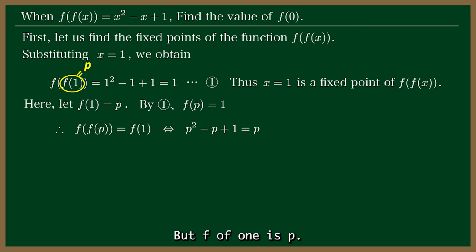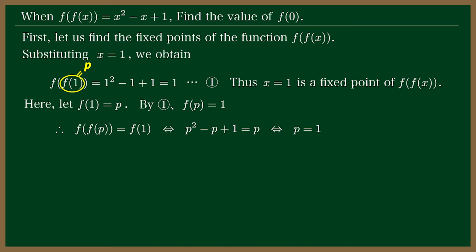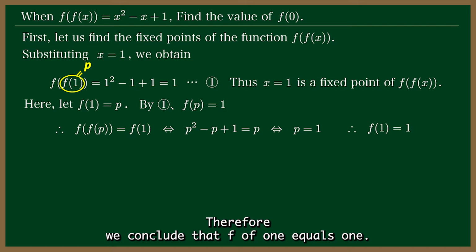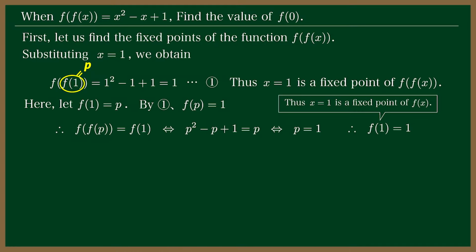But f(f(1)) is p, so we obtain the equation p squared minus p plus 1 equals p. This quadratic equation has a repeated root equal to 1, so we find that p equals 1. Therefore, we conclude that f(1) equals 1. That means x equals 1 is also a fixed point of the function f(x).